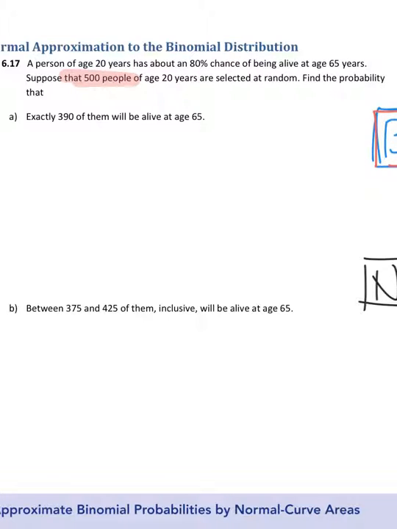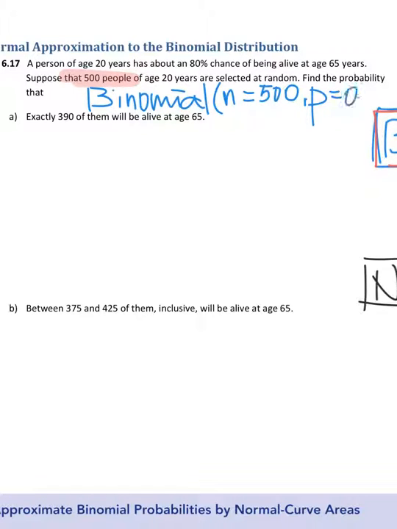500 people. So now I can say we have a binomial model, binomial distribution, n equal to 500. But still, probability of success 0.8.